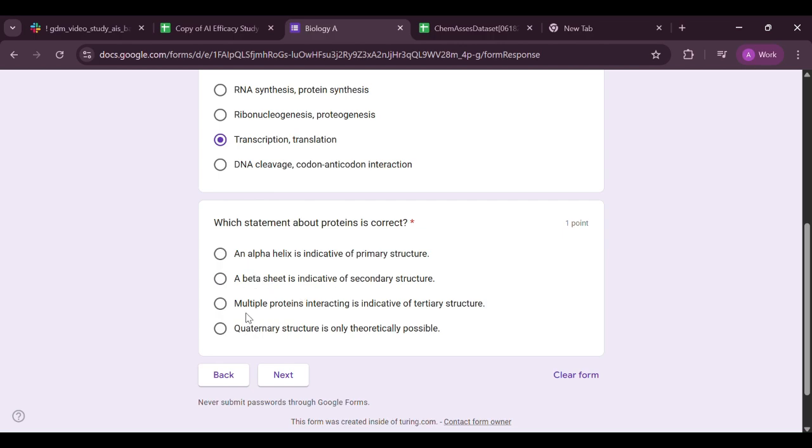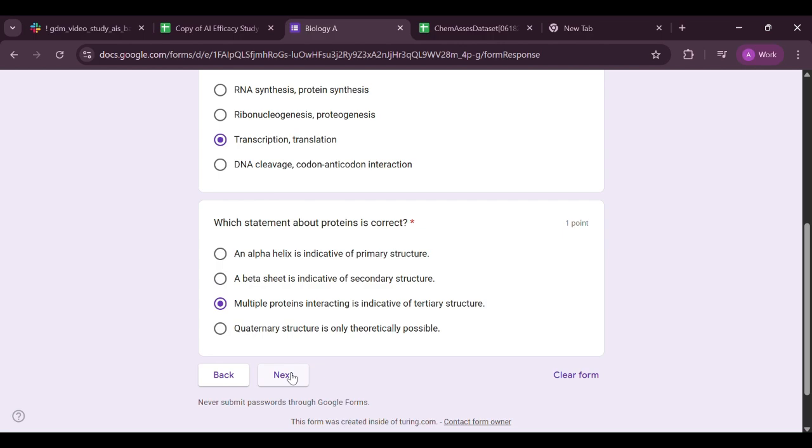Multiple proteins interacting is indicative of tertiary structure. This might possibly be the correct answer. Let's go with this answer, as I have totally forgotten. A similar question was there in the pre-test as well, but I totally forgot what the answer was. So I am going with this third option.